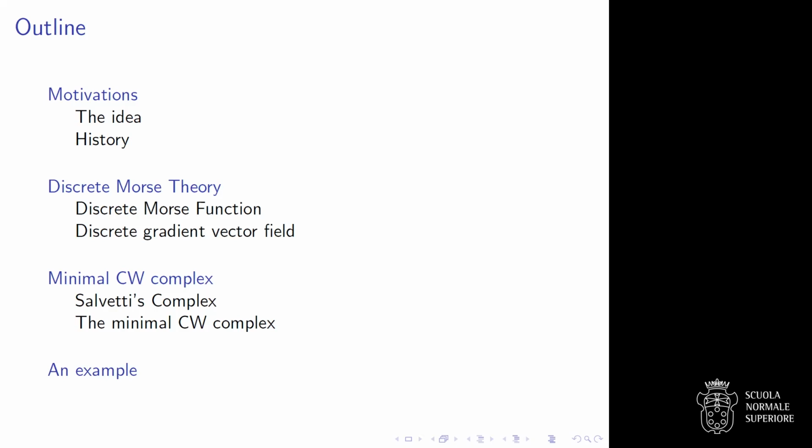This complex has been extended in many different ways. And from this complex, applying a discrete Morse function, we described the minimal CW complex underlying this one. And then I will provide an example, which is probably the most interesting part.